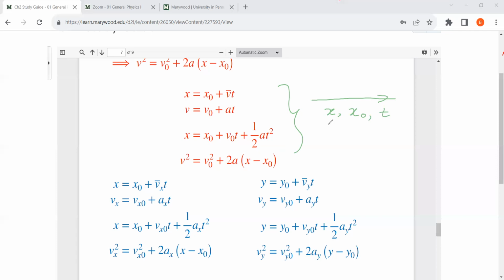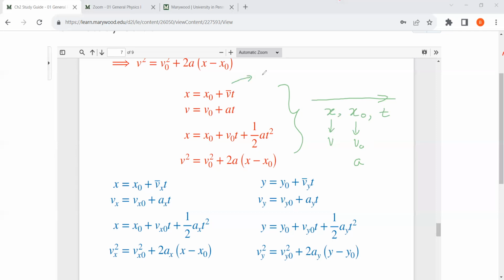For the final position, the final velocity is v, and the initial velocity is v0. If a is the constant acceleration, then we can write that x, the final position, equals x0 plus v bar t.